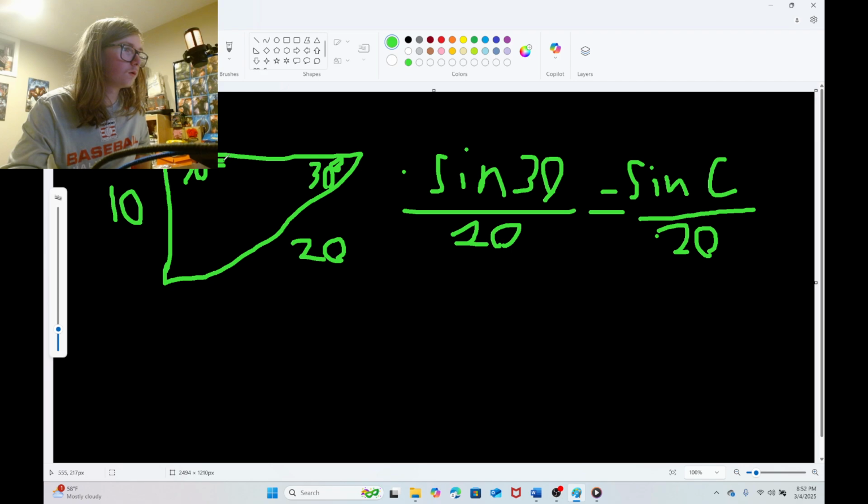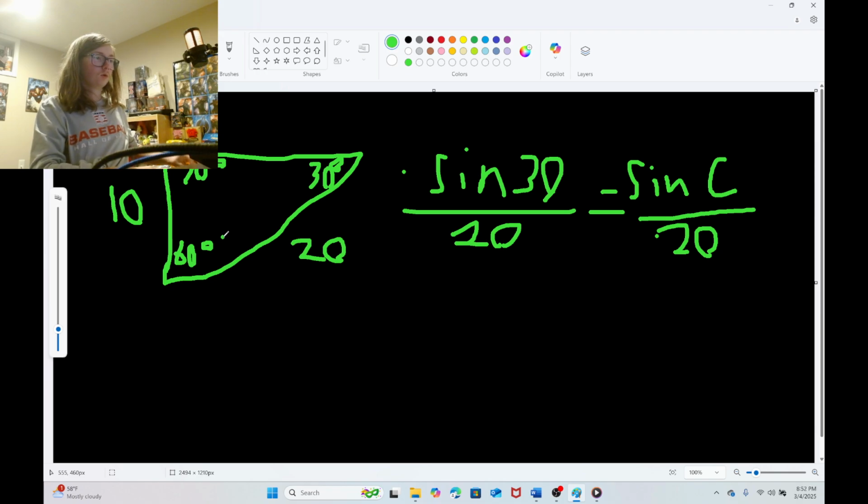So 90 degrees, 60 degrees. And if you remember from episode 1, which I doubt you do, but if you do, you know that we talked about the rules for 30, 60, 90 triangles. Here's the rules. The hypotenuse is twice the length of the short leg, which it is.